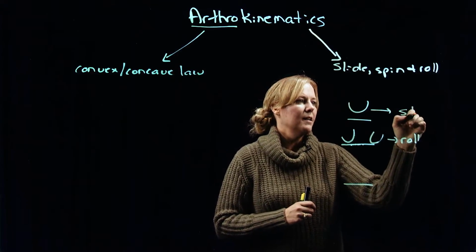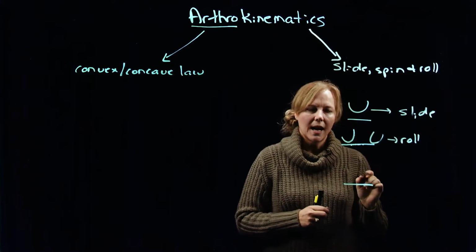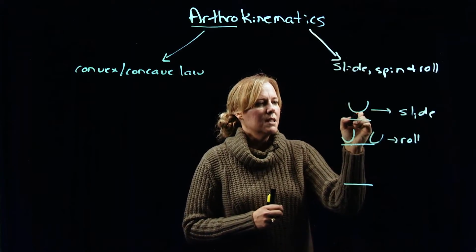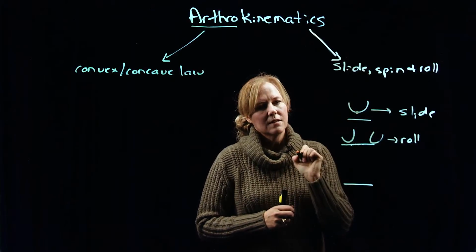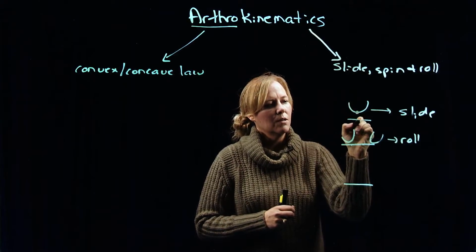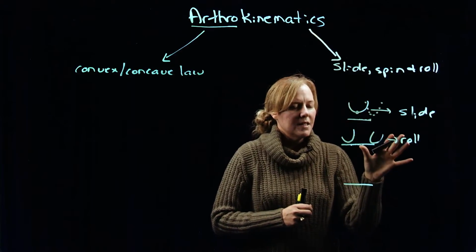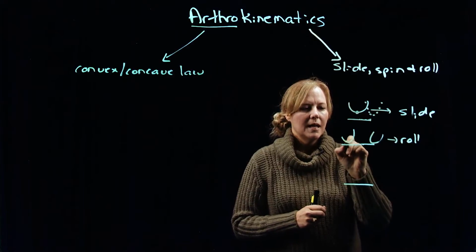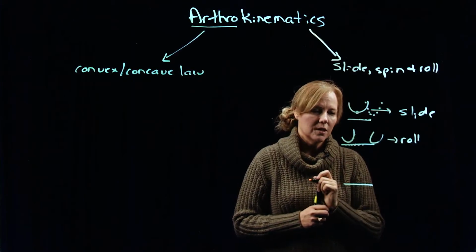I'm just going to do slide. And if you look in your chapters underneath slide, spin, and roll, it's chapter 8 in the textbook, you will see that by definition, slide is where one surface of a joint comes in contact with many different points as it slides along. By the definition of roll, many joint surfaces of one come in contact with many joint surfaces of the other joint surface.